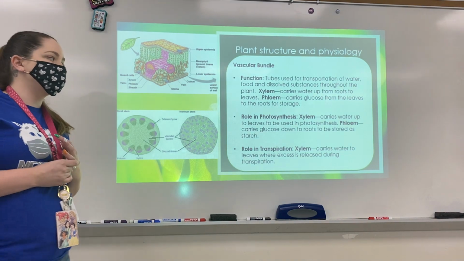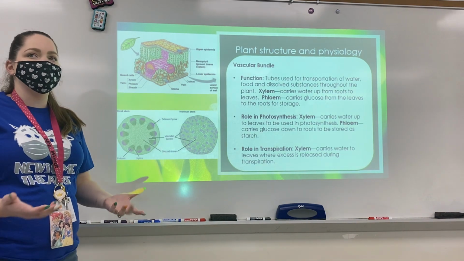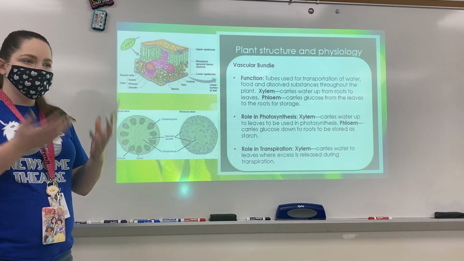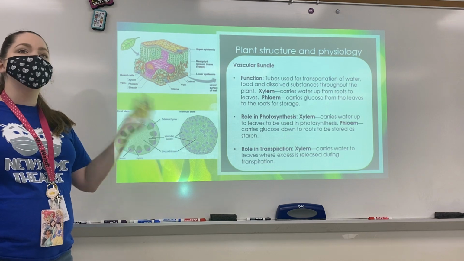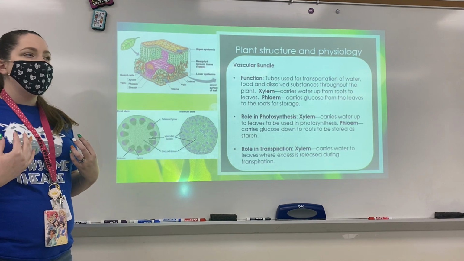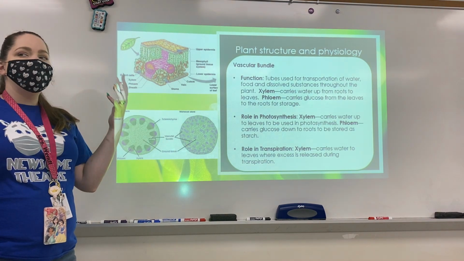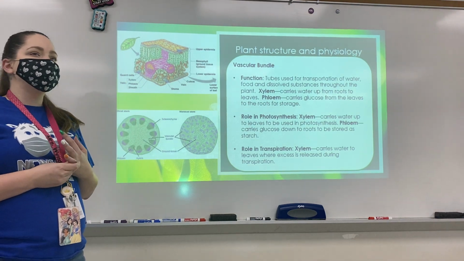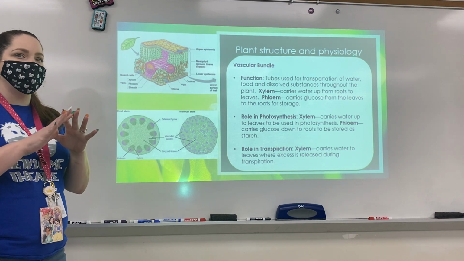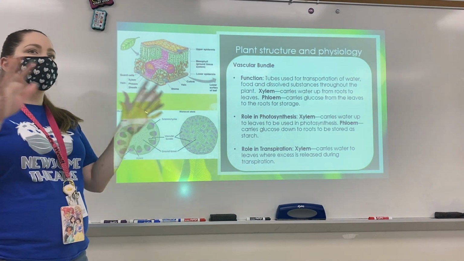So what's going to happen during transpiration is as this water is traveling through the plants, it's going to absorb heat energy from the plant. And then when it evaporates, that heat energy is going to evaporate along with the water. It's basically how, when you sweat, your body cools off.